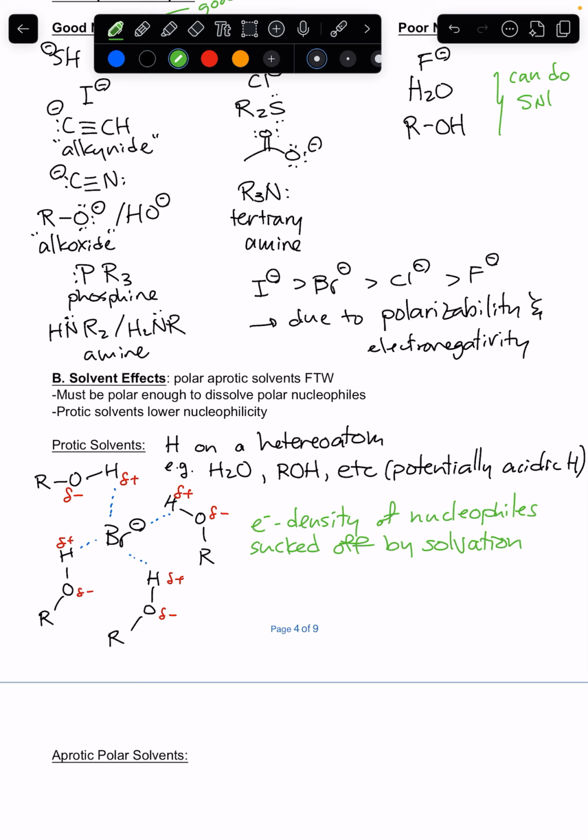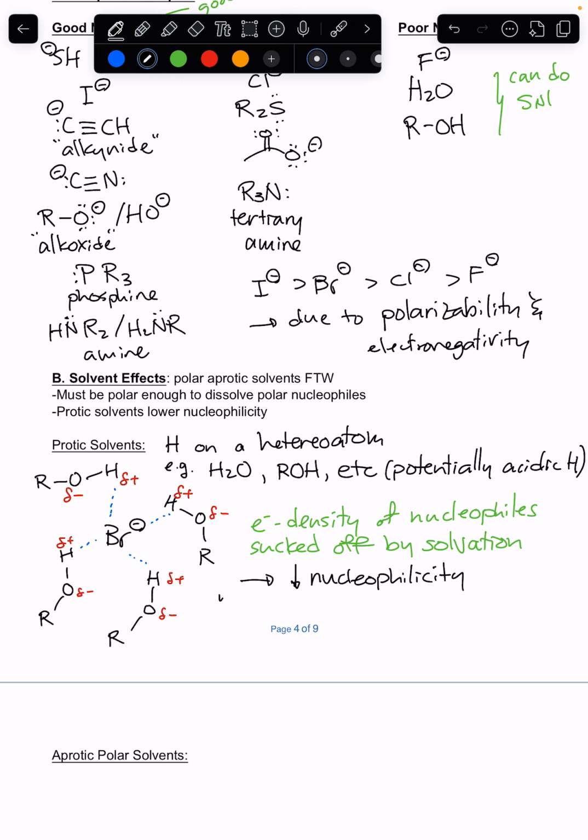And what we mean by solvation is the phenomenon that happens when something is solvated or dissolved into a solvent, and the solvent molecules interact with the thing that dissolved. That's solvation. And the end result, of course, is that the nucleophilicity decreases, because that means the electron density of the nucleophile goes down, and without electrons you can't act as a nucleophile. Hope that makes sense.